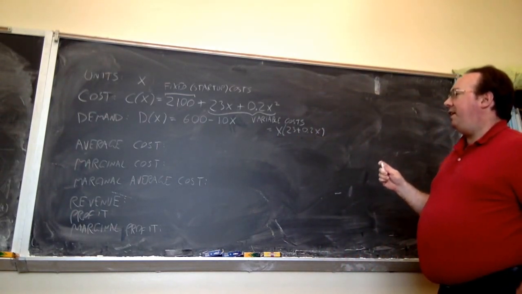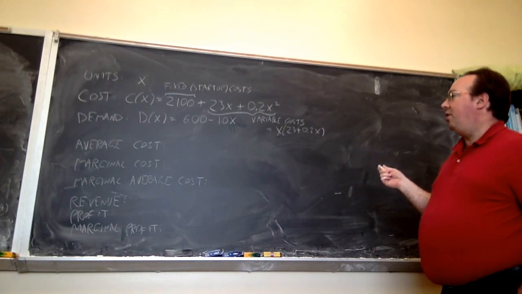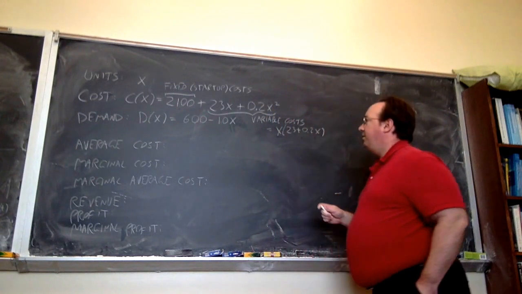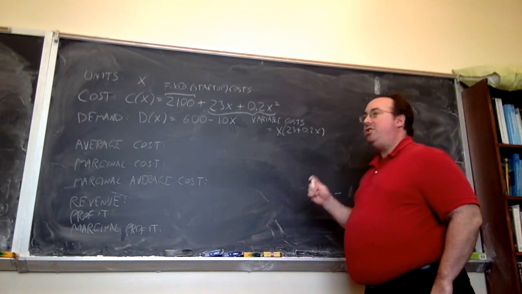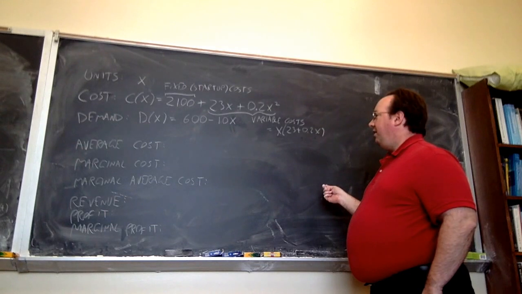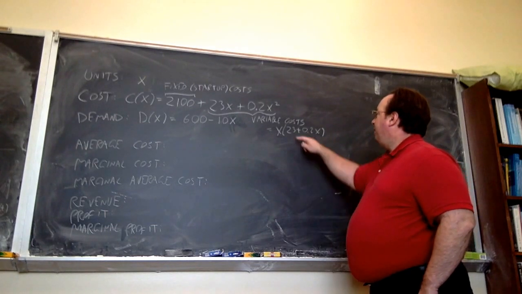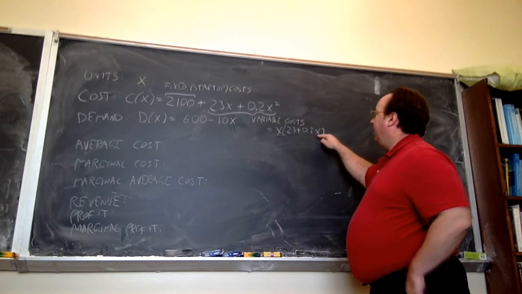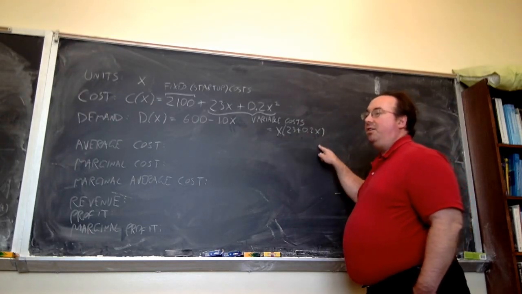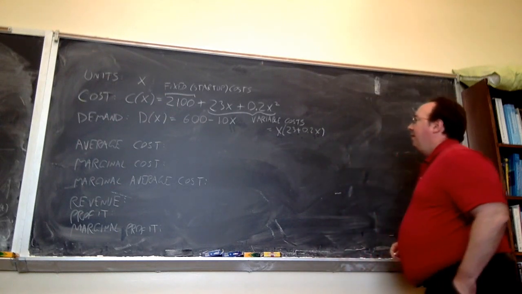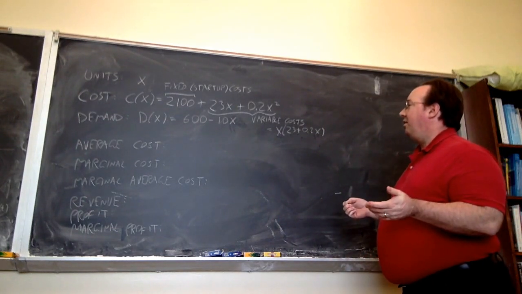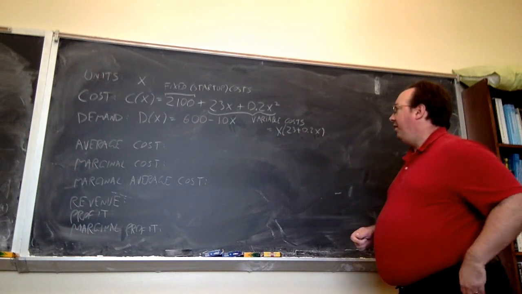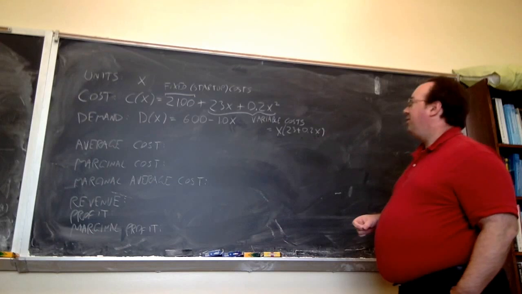So I could say that the total cost of producing x units includes the $2,100 of fixed costs, and then for each unit produced, that occurs an additional cost of 23 plus 0.2 times x per unit. So you have to multiply all of that by x. So that is how a cost function is expressed in terms of fixed costs and then cost per unit on top of those fixed costs.